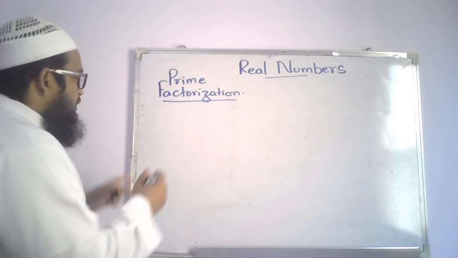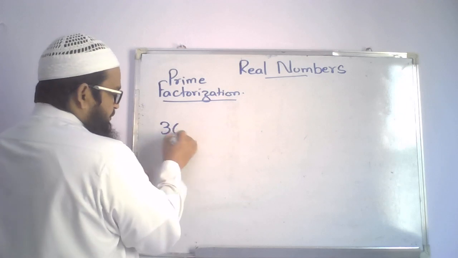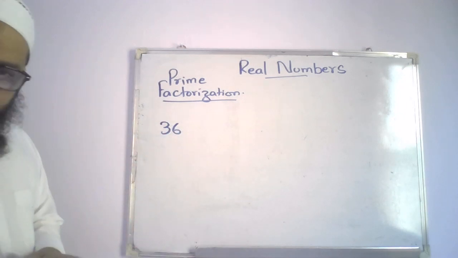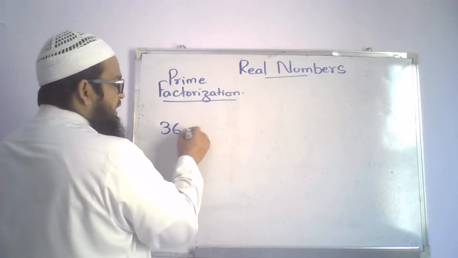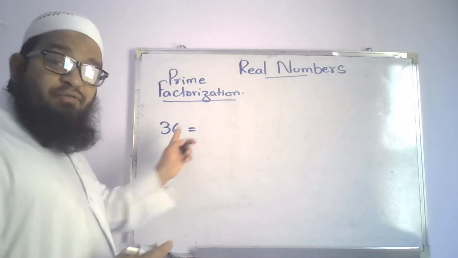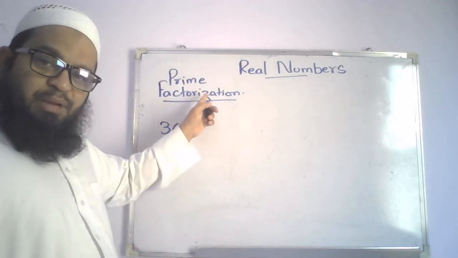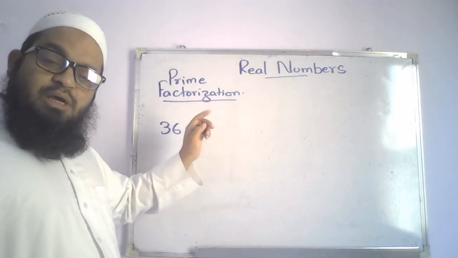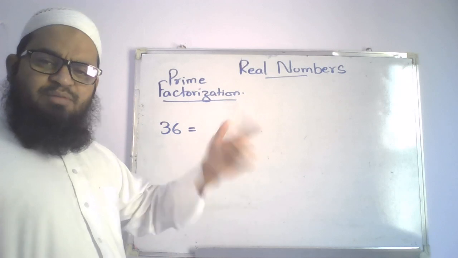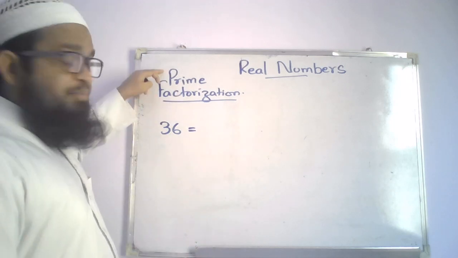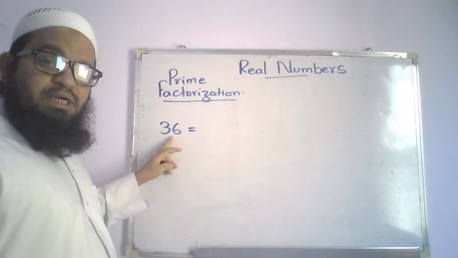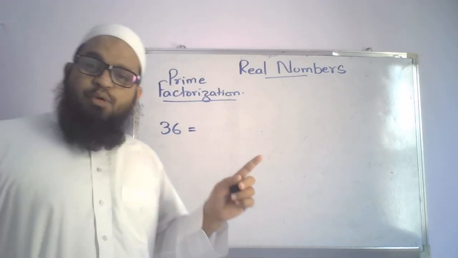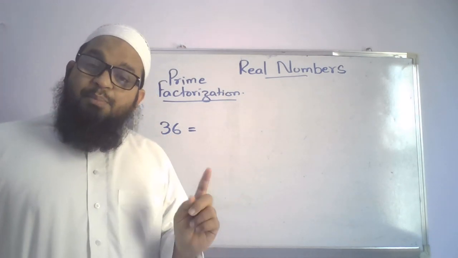For example, you have the number 36. All the factors should be prime numbers. In factorization there is no need for prime numbers, it can be any numbers. But when I say prime factorization, this 36 should be written as a product of only prime factors.